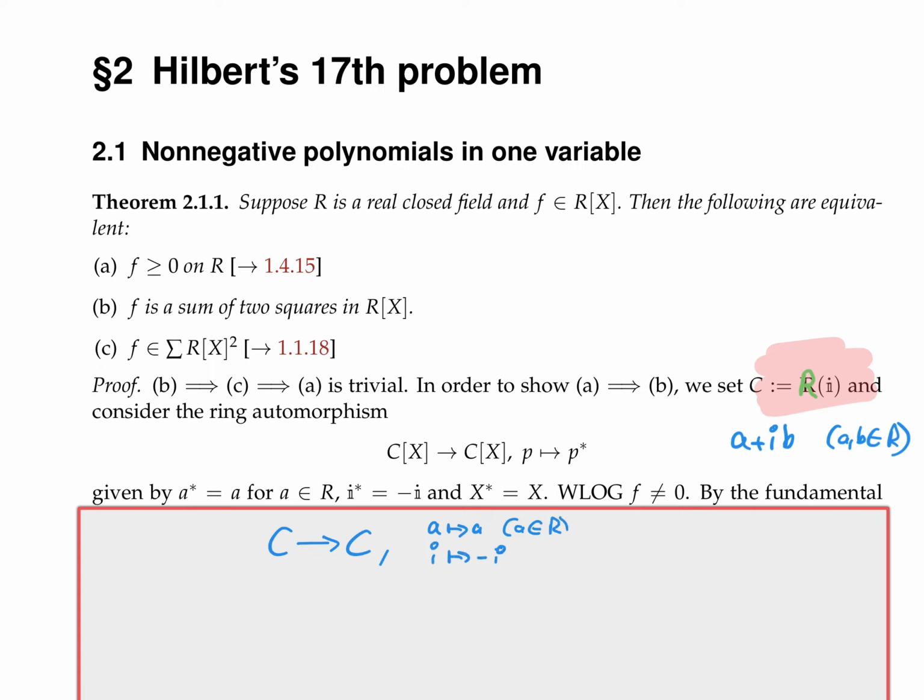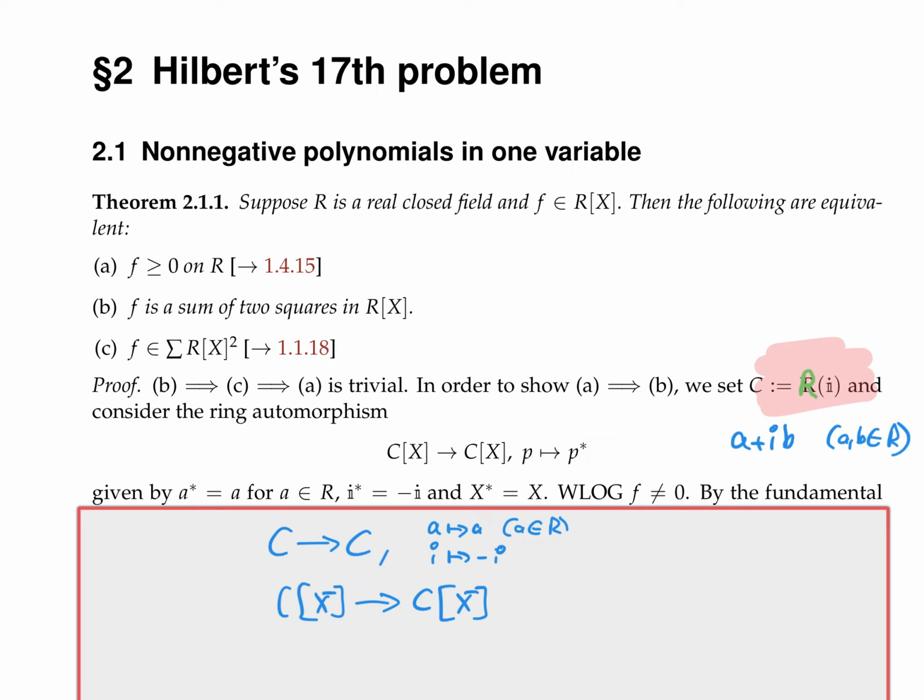And I can extend this to the polynomial ring, because I can define a kind of evaluation homomorphism, saying that the coefficients are mapped with this ring homomorphism. Doesn't matter now that it's an automorphism. And x I can send to anything I want, and I send it to x again, right? And so you see that I get this.